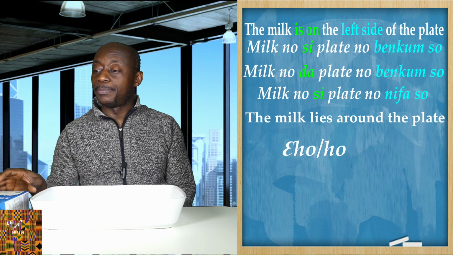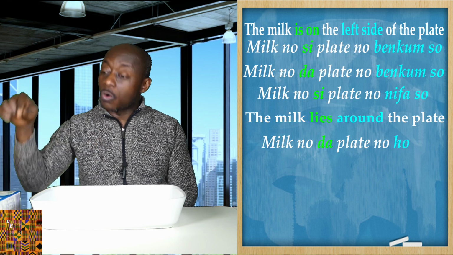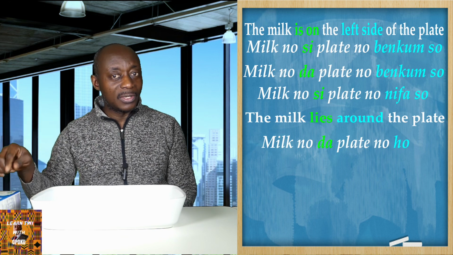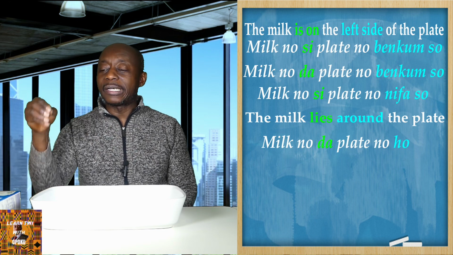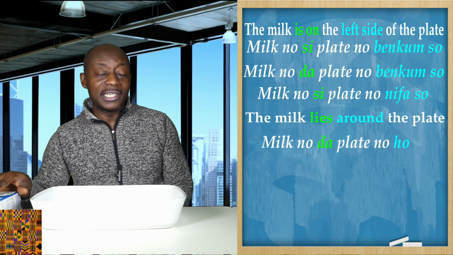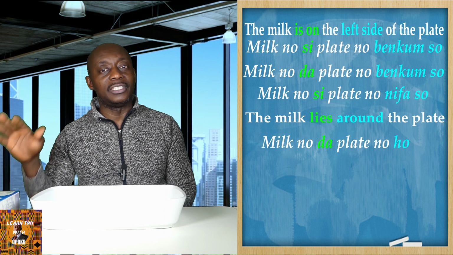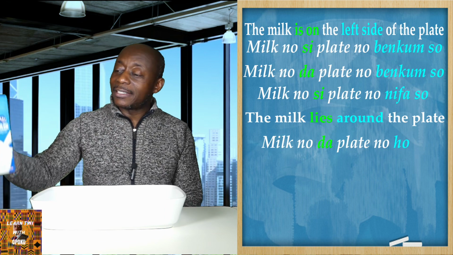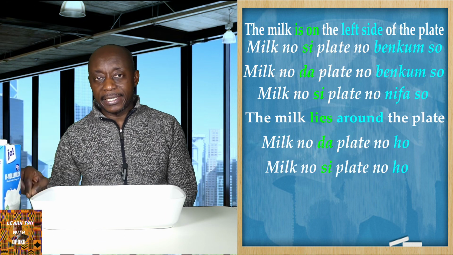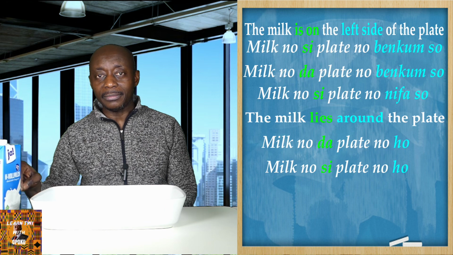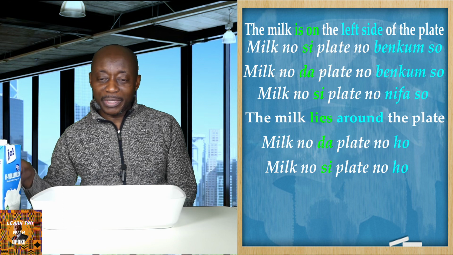For instance, milk no da plate no hon. That means the milk lies around the plate. If it is standing like this and I want to use around, then I will say milk ni si plate no hon. So hon means around.